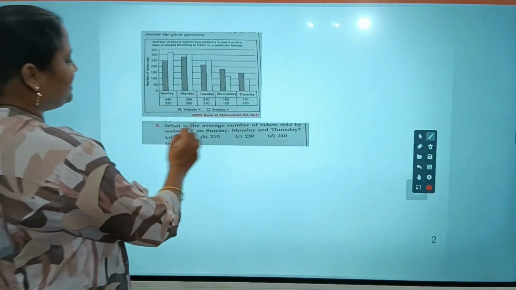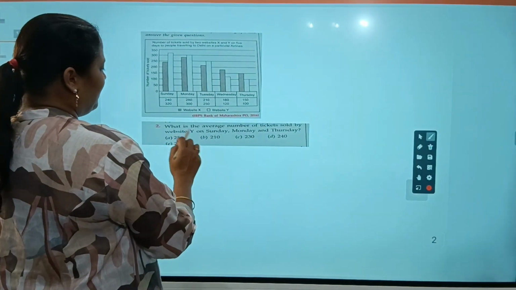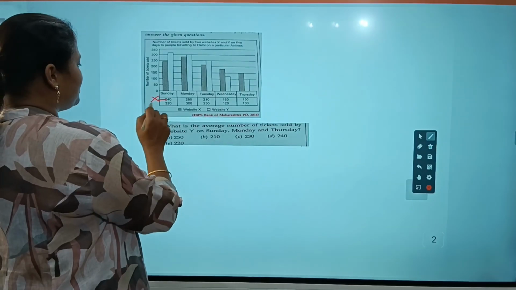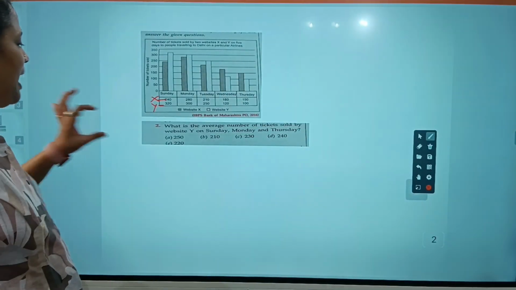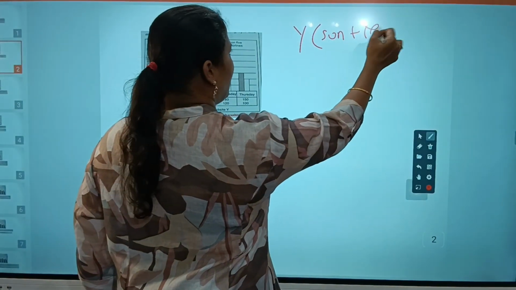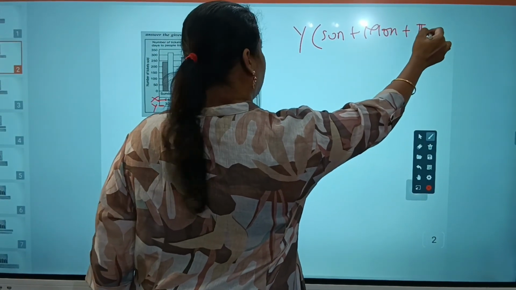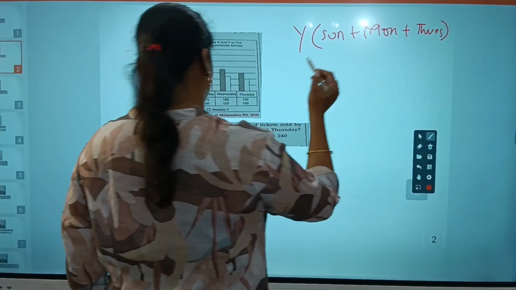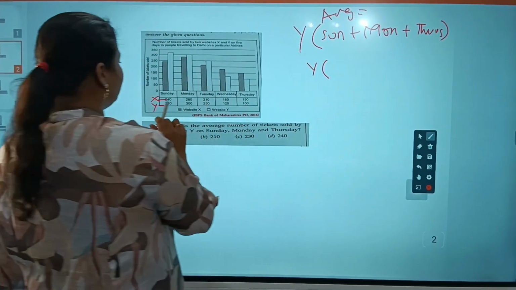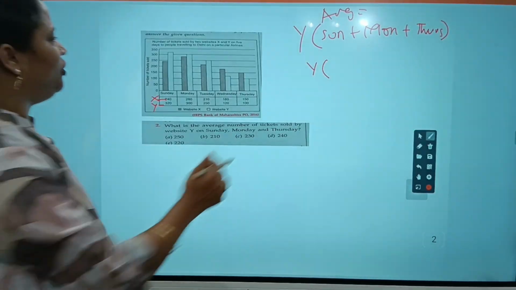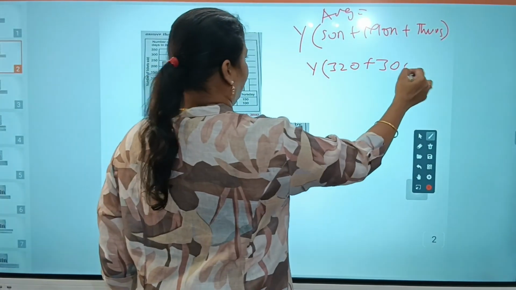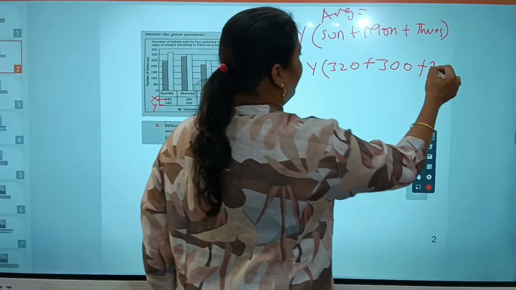What is the average number of tickets sold by website Y on Sunday, Monday, and Thursday? So we take the Y values: Sunday plus Monday plus Thursday, and we have to find the average. Y on Sunday is 320, Monday value is 300, plus Thursday value 100.